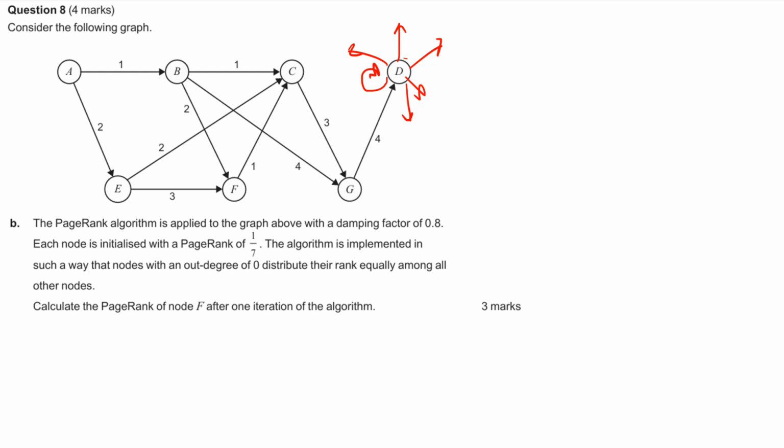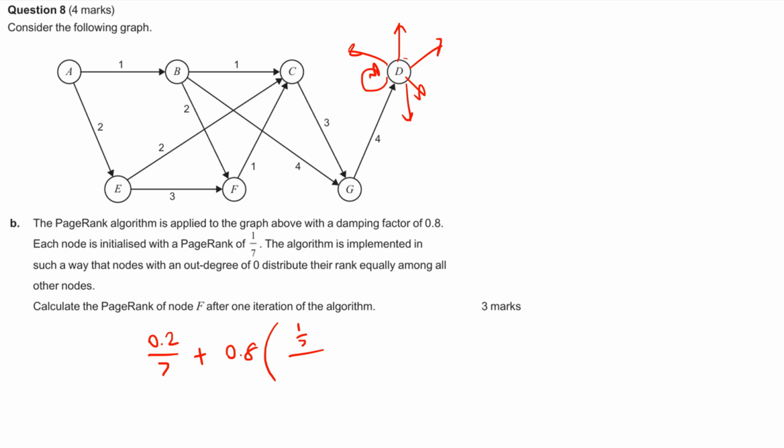Now, really, we are just applying the algorithm. So we have 1 minus D, 0.2 divided by 7. So that is the chance of randomly getting to node F from a random jump, plus 0.8. We can get to F. Can we get that from A? No. B, we can. So B has a rank of 1 on 7.